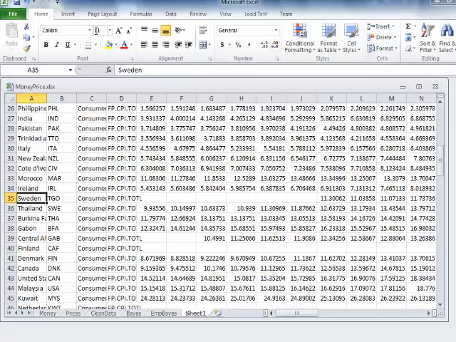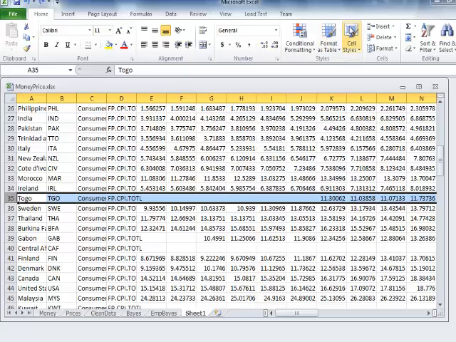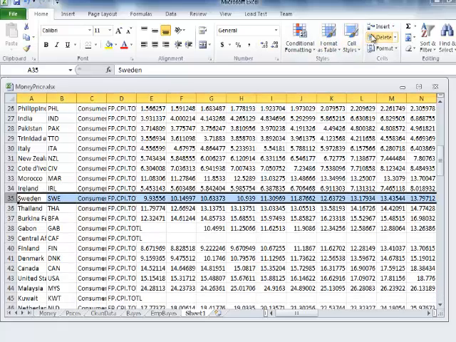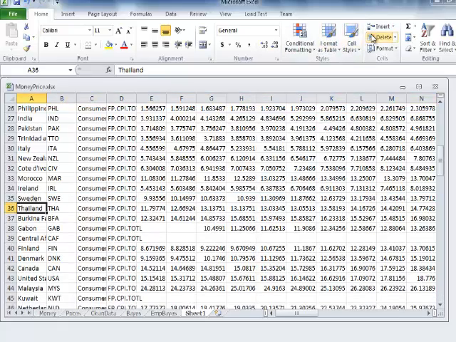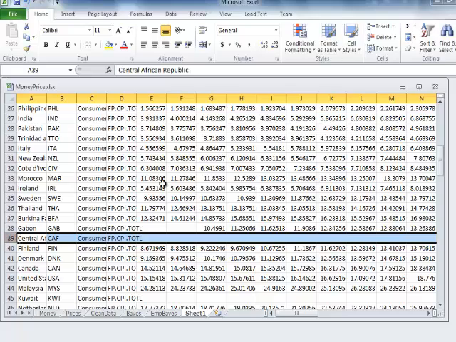Oops, that was wrong. I wanted to delete the whole row. Now for Gabon, we have the option that I can eliminate 2 years and keep it. So let me just leave it for the moment. We might do it later.